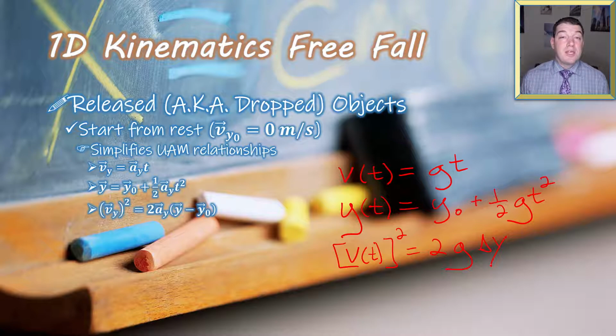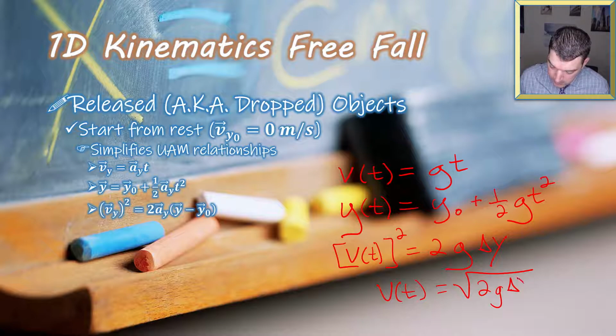If we assign down as a negative direction, our displacement will be negative and our acceleration due to gravity will be negative. If we assign down as a positive, then they'll both be positive. Also be cautious. This is a square that we're going to be solving for. If we're solving for the actual velocity, the velocity as a function of time is going to equal the square root of 2g delta y.